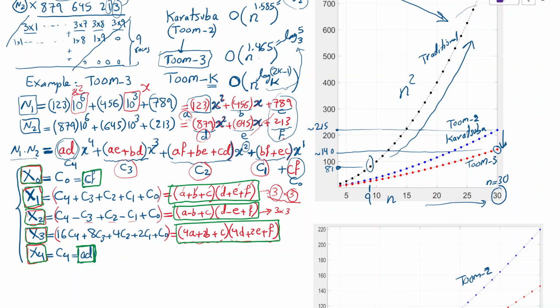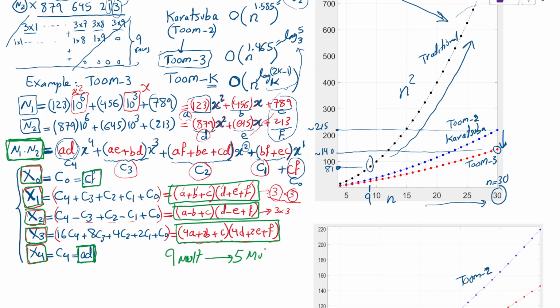And as soon as we have them, what is the benefit? The message up to this point is that we avoided the scenario of 9 3 by 3 multiplications that traditionally we had to do to compute n1 times n2. So rather than doing 9 3 by 3-digit computations, we are doing 5.